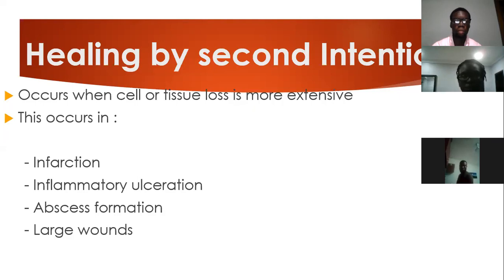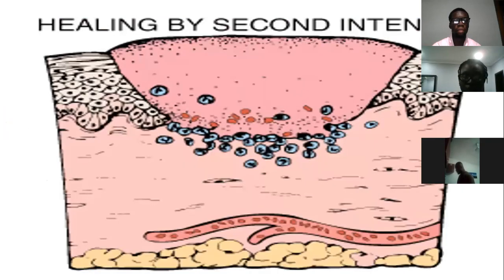You leave it to heal by secondary intention, because there's a lot of infection. It's an infected wound, so you don't suture such a wound. If you suture it, you'd rather make the infection worse. So you leave it open, you let the pus drain, and then it heals by itself. So this is what I mean.